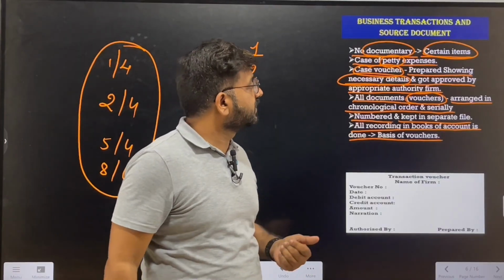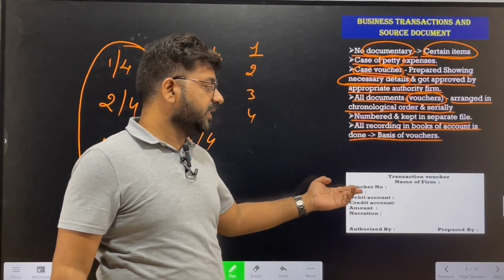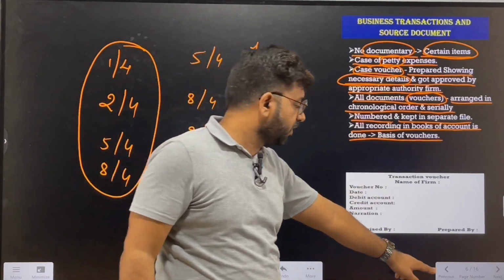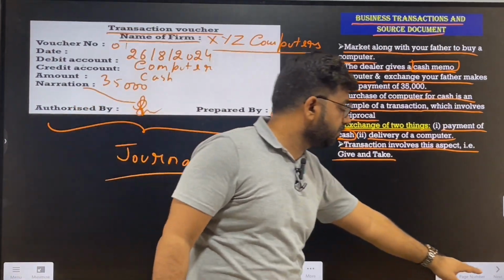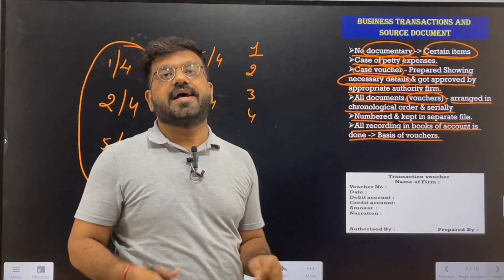If the source document is missing, it cannot be proved that the transactions were done in good faith, or whether the intention was wrong. So that's why these vouchers are very important. Okay, so I hope this is very clear to you. This is the voucher which we already studied in this slide. This is the same voucher which has been presented here as well.